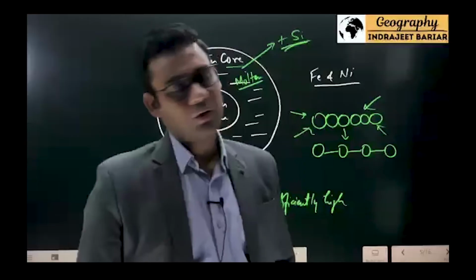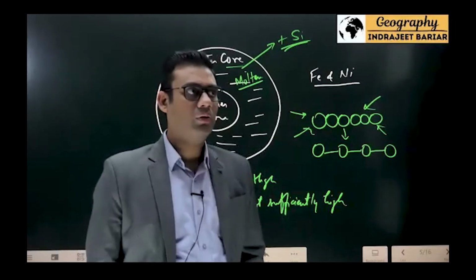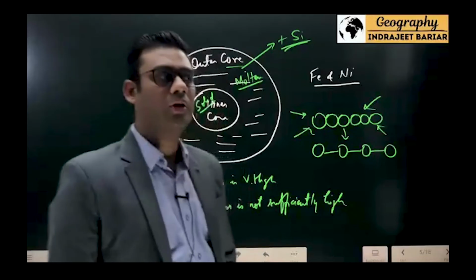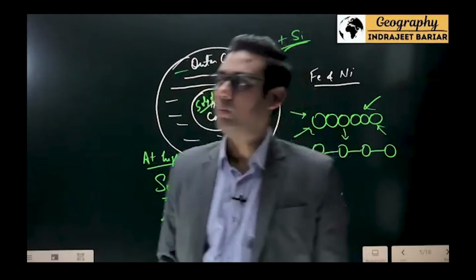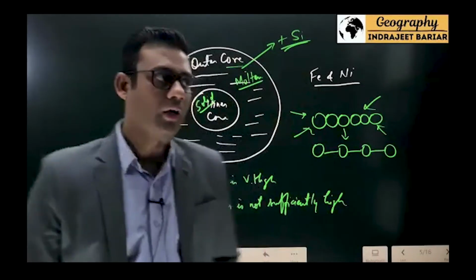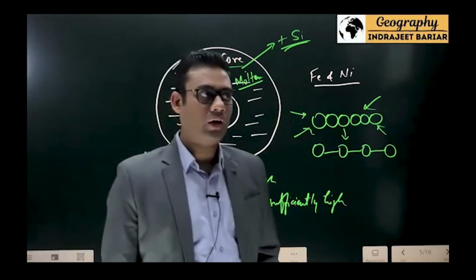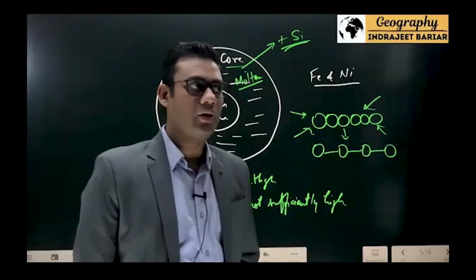Sir, am I audible, sir? Yeah, you are audible, please. Sir, can you repeat the question, sir? Yes, the question is, although the temperature in the lower mantle is very high, yet it is in solid form. Why? So because of the pressure. Absolutely, yes. The answer remains the same.